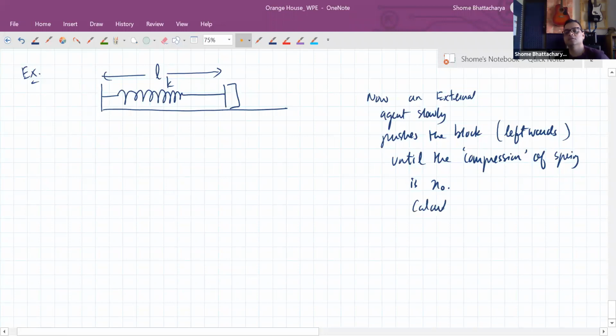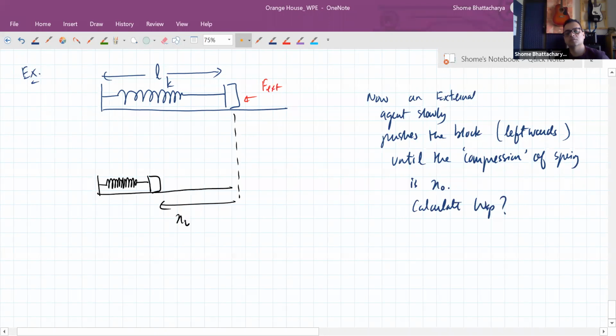So calculate the work done by the spring during this process. Okay. So we start pushing it like this now so that it reaches a final position where it has compressed to x naught. So this is the final position. This is the initial position.